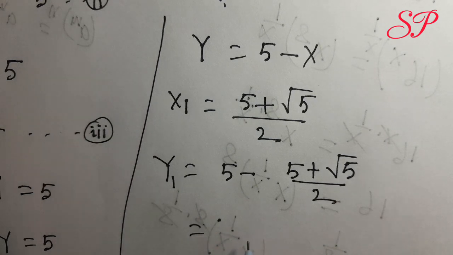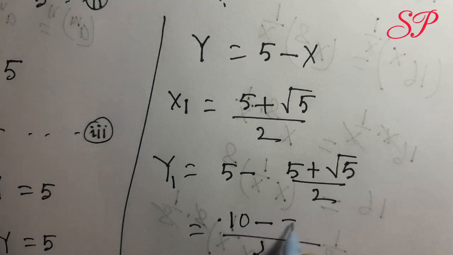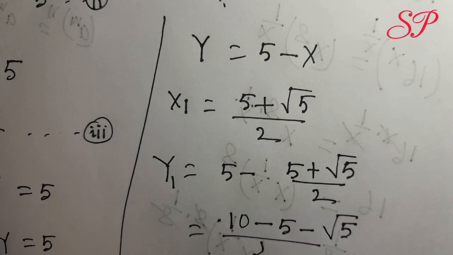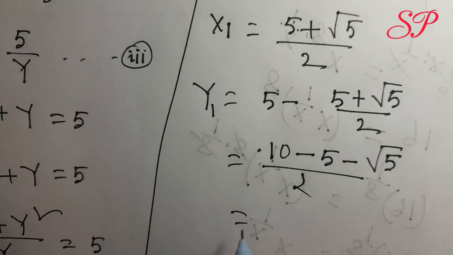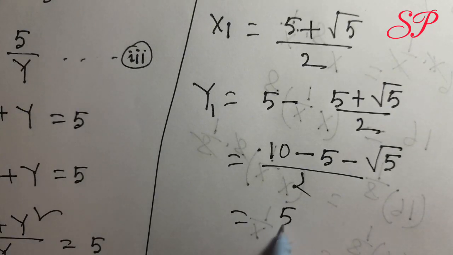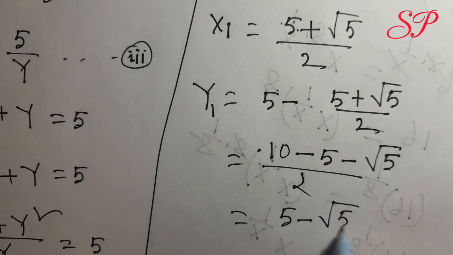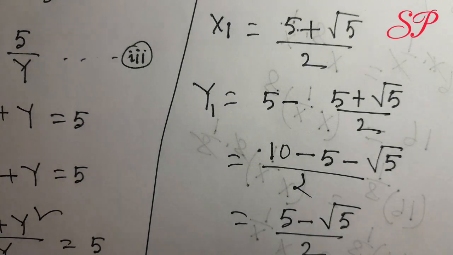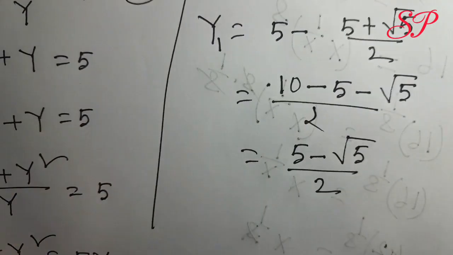Then taking LCM, which is 2, here it is 10 minus 5, minus and minus is plus. Then we can write y1 is equal to 5 minus root 5 by 2.